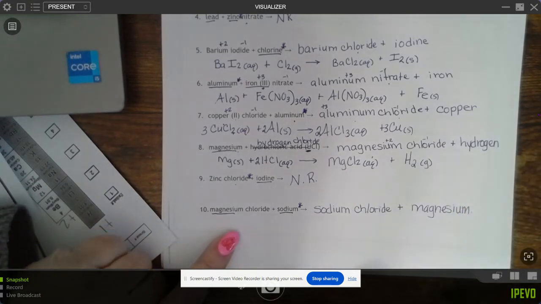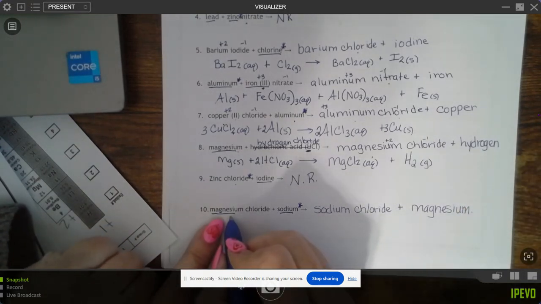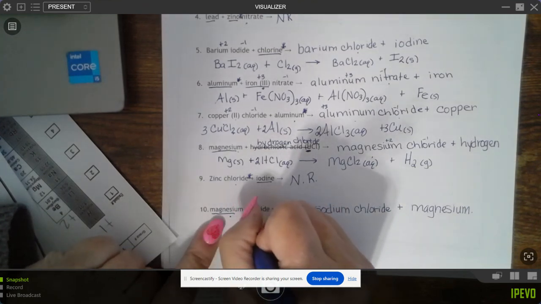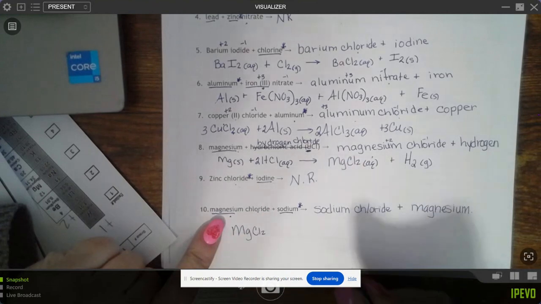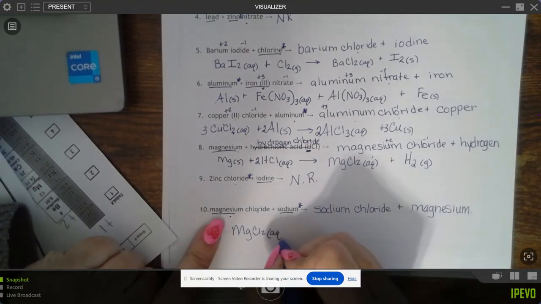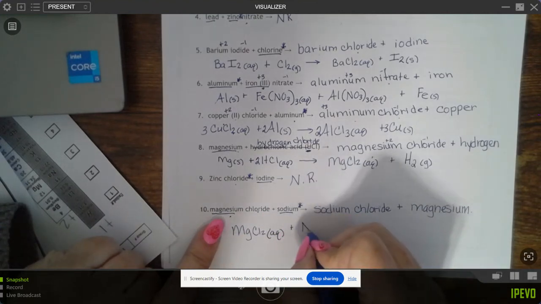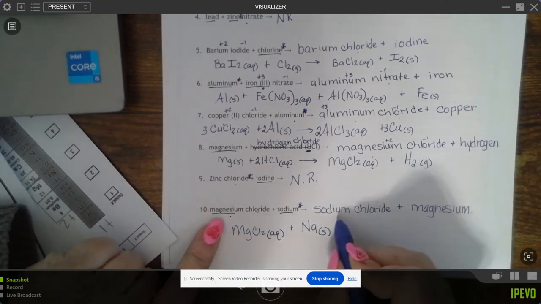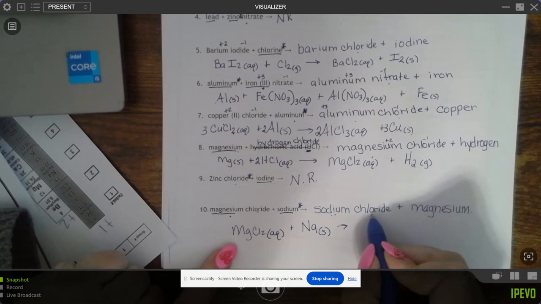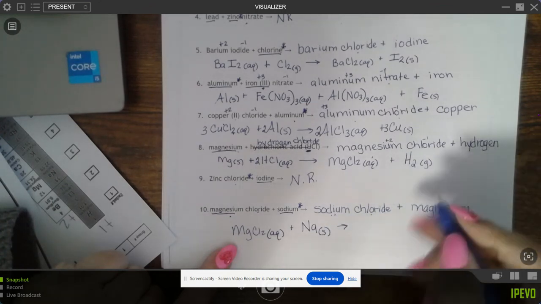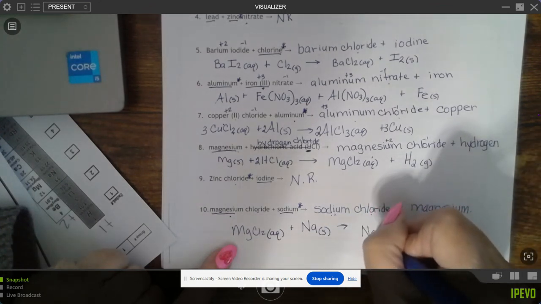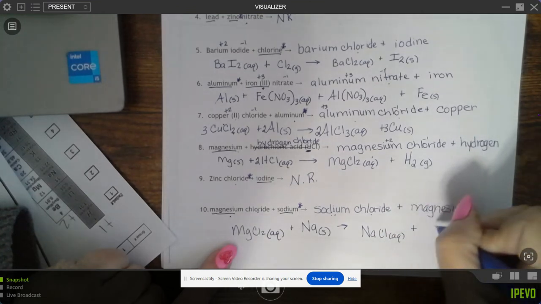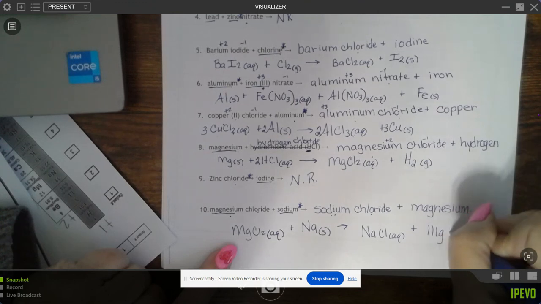Okay. So magnesium's +2, chloride is -1, so we end up with MgCl2, aqueous, plus sodium, which is a solid. Those react to give us sodium chloride, so sodium's +1, chlorine is -1, so NaCl plus magnesium, so Mg.